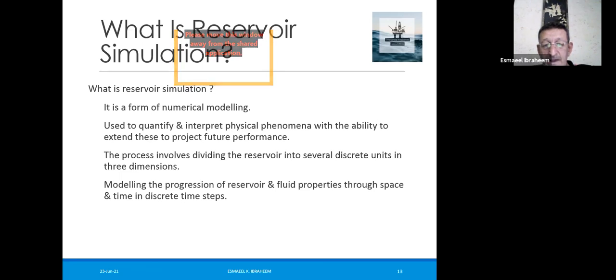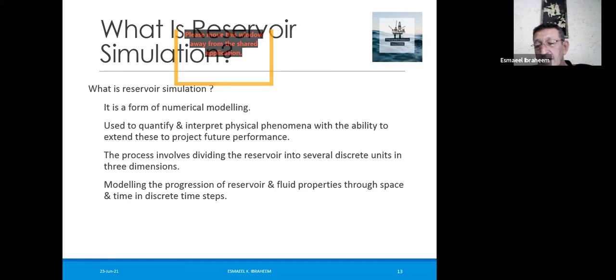The process involves dividing the reservoir into several discrete units in 3 dimensions. You will see here your reservoir in 3 dimensions. You can turn it up and down, left and right, and you can see the shape of the reservoir you have down there.